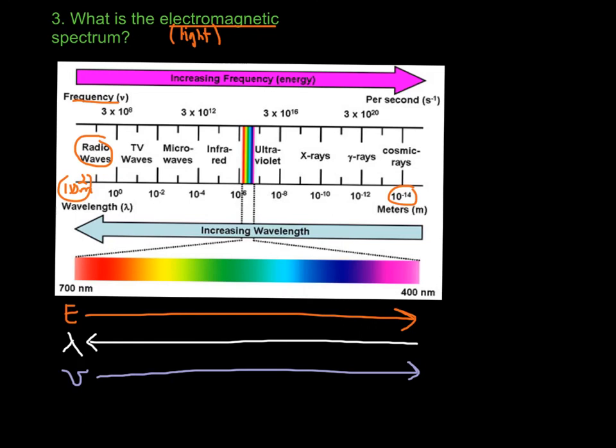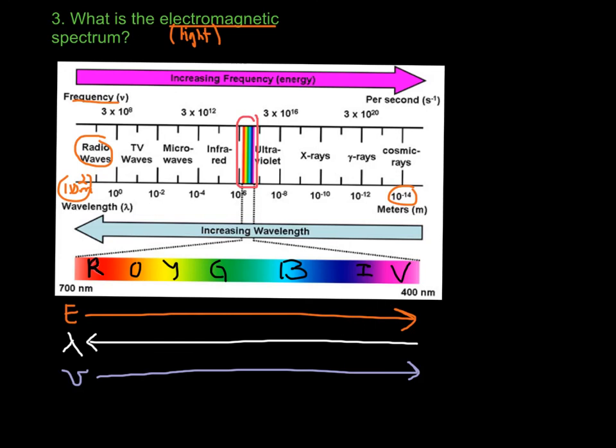And you've got all kinds of different kinds of light here. You've got radio waves, TV waves, microwaves, infrared. There's this tiny, tiny little sliver in the middle that represents your visible spectrum, and you need to know your visible spectrum. And hopefully you remember this from school, but you've got red, orange, yellow, green, blue, indigo, and violet.